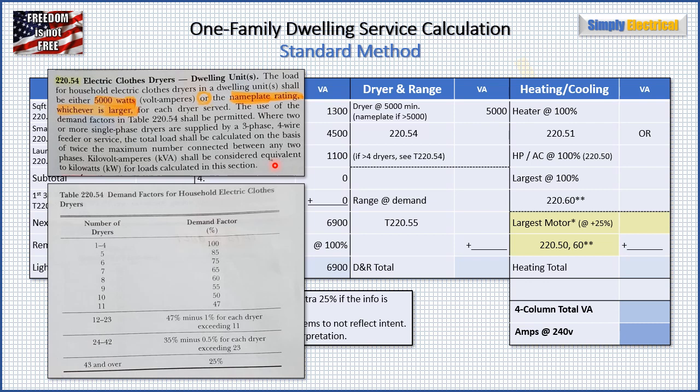So you'll see like in your appliances, they're all rated in watts. Pretty much any appliance you pick up and look at the nameplate of, it's going to be in watts. Well, just use that as your VA figure because it's going to be the same. Okay, so we got 5,000 as our dryer total because our dryer in the question was under 5,000.